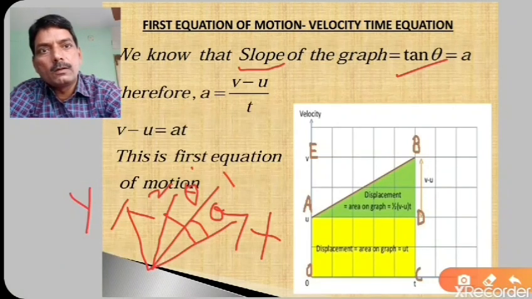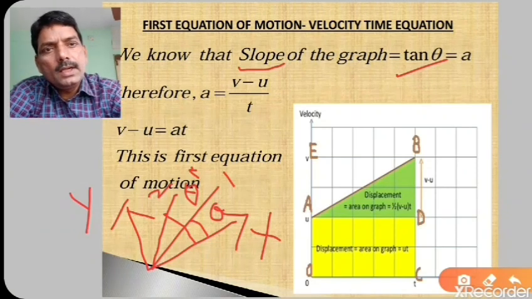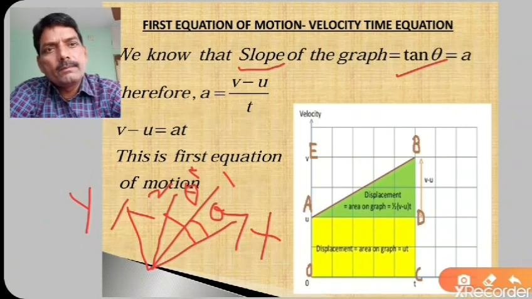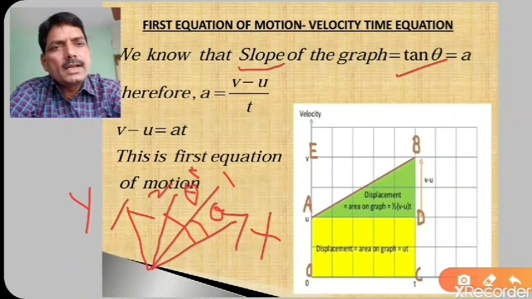So you can see here theta is less than theta dash, or you can say line 1 is not as steep as line 2, or you can say line 1 makes a very small angle with the x-axis and line 2 makes a very large angle with the x-axis.